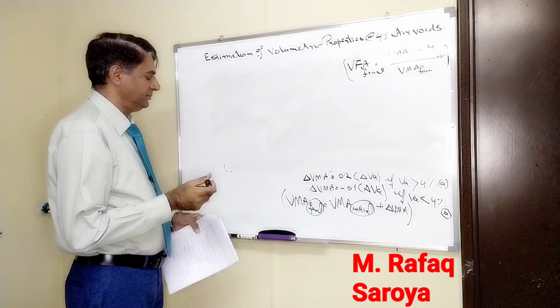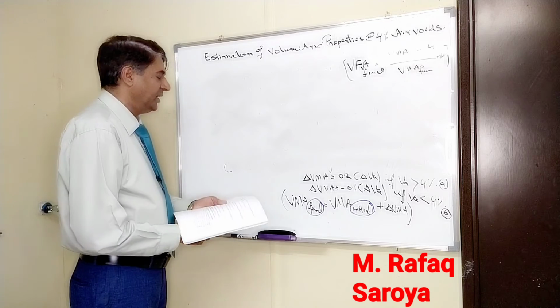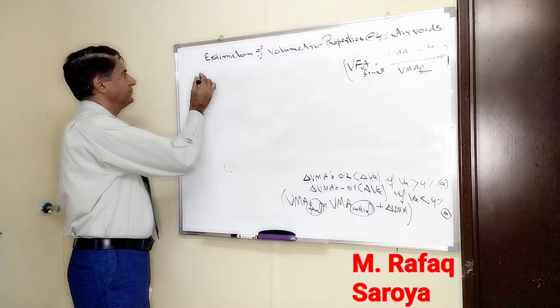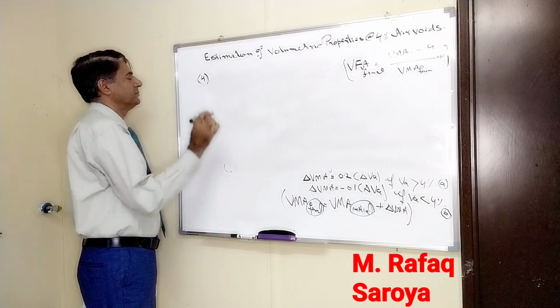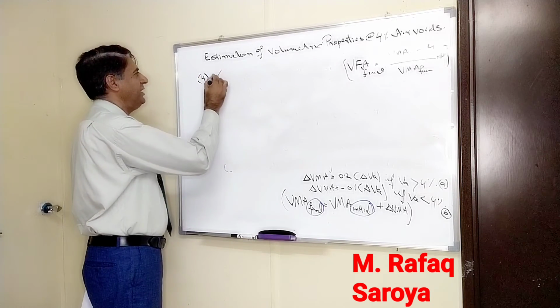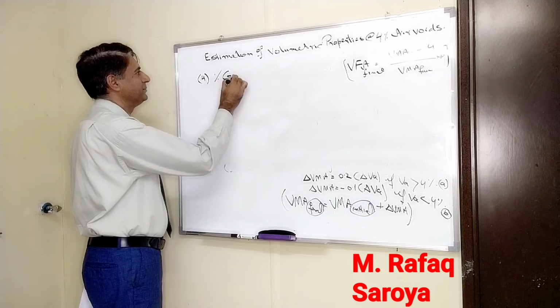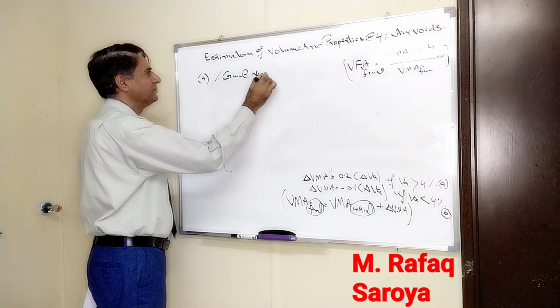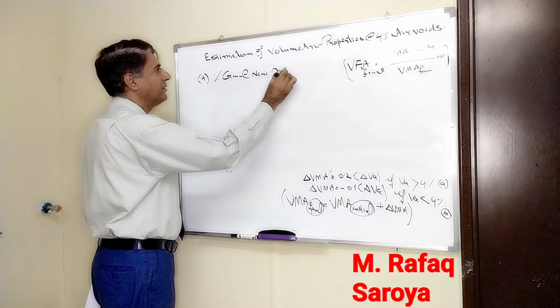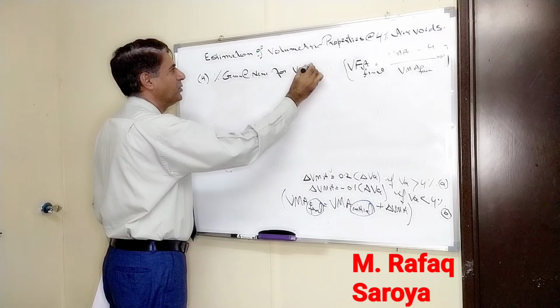Like my next quantity, percentage GMM at N initial for VA equal to 4%.